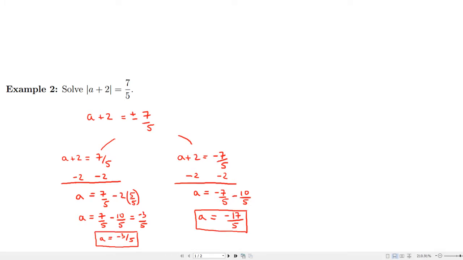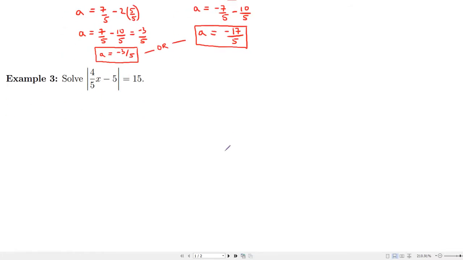Okay, so since I'm boxing these, those are both legitimate solutions, and you should check that. If I add 2 to this, I'm adding 10 over 5, so that would be negative 7 over 5, but I'm taking the absolute value, and that'll give me 7 over 5. So these are both solutions.